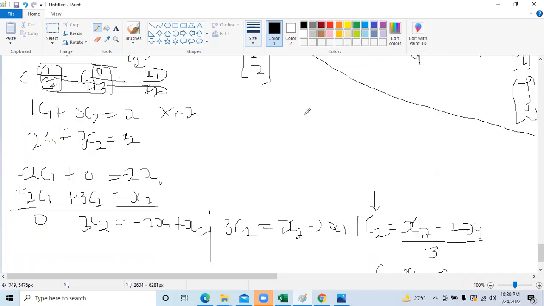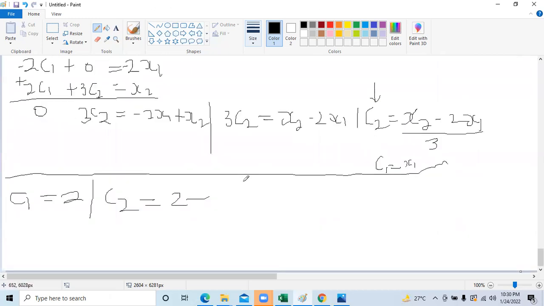X1 is 2 as well, so 2X1 will be 4. So 2 minus 4 over 3, so C2 equals minus 2 over 3. So this value of C1 and this value of C2 is going to give me a vector 2, 2.